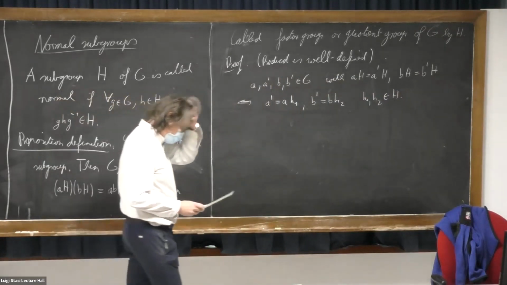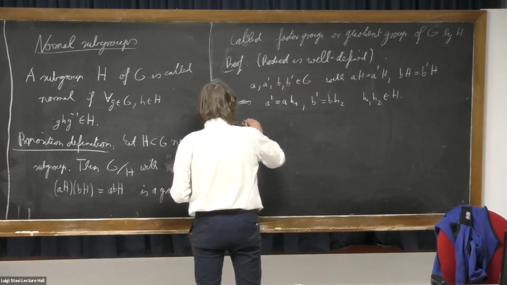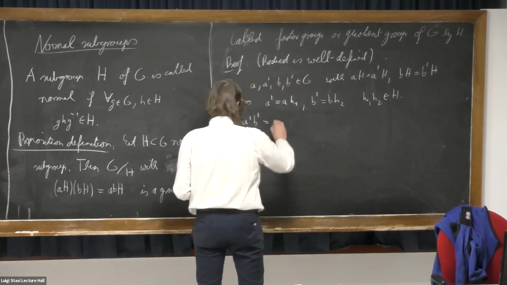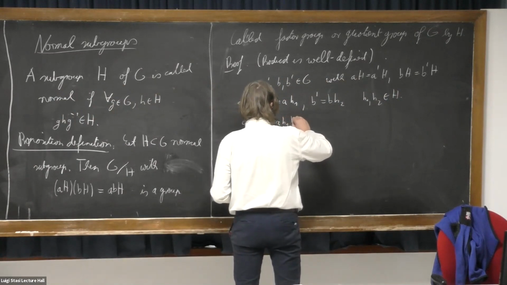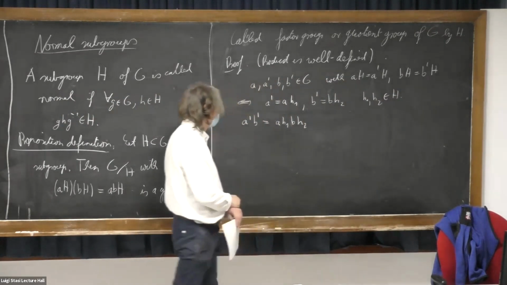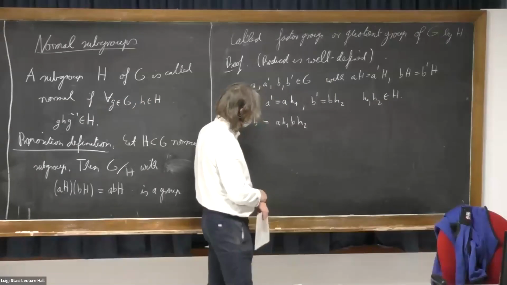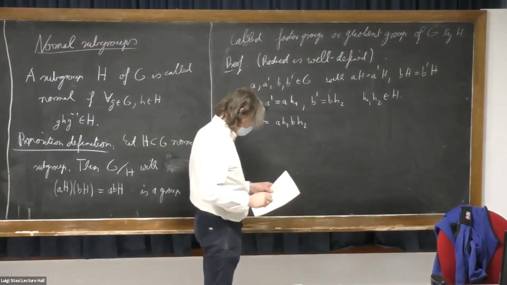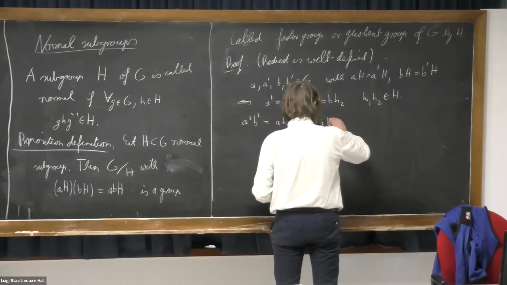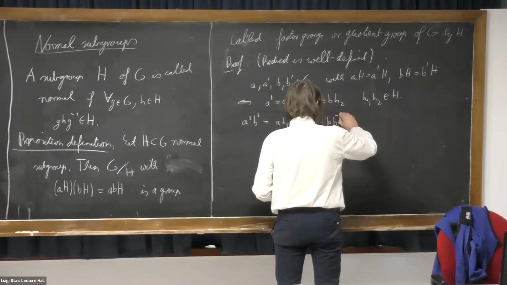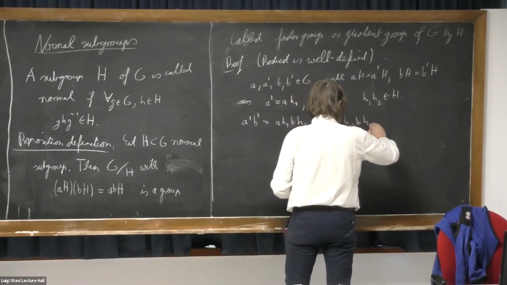Then we have a'b', which is equal to a h1 b h2. Now we multiply in a nice way by 1, so this is the same as a b b to the minus 1 h1 b h2.